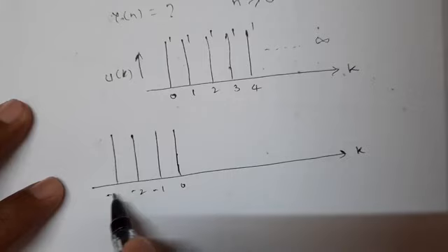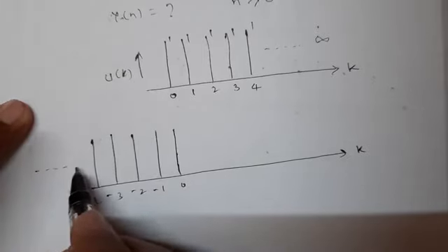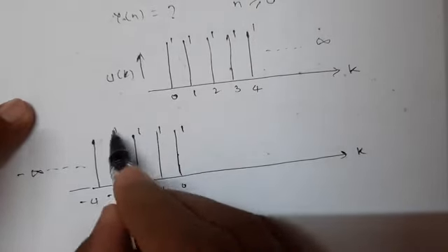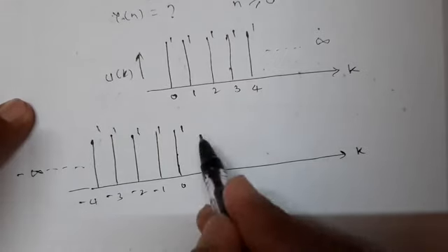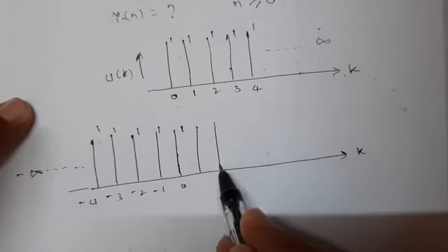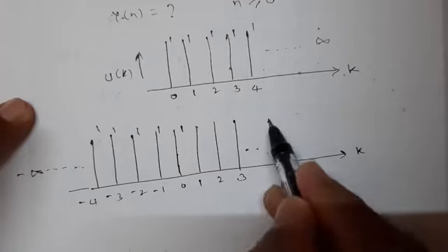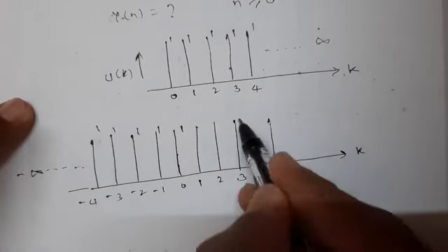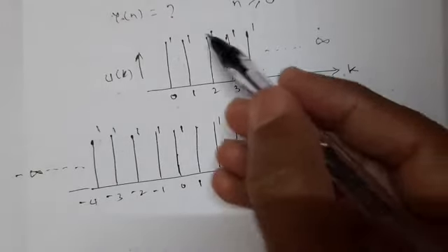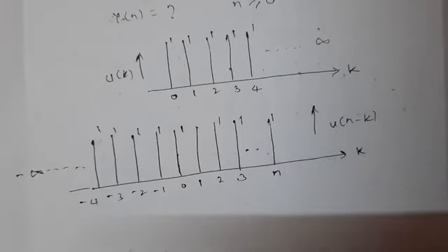First draw u of minus k. Then shift it towards the right by n, assuming that n is greater than 0. Just for example, 1, 2, 3. So the assumption is that n is greater than 0 and it lies here. Now what we are trying to do is multiply u of k with this signal u of n minus k.